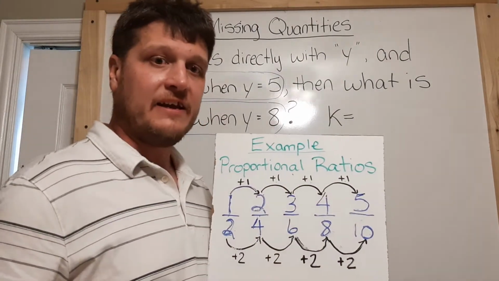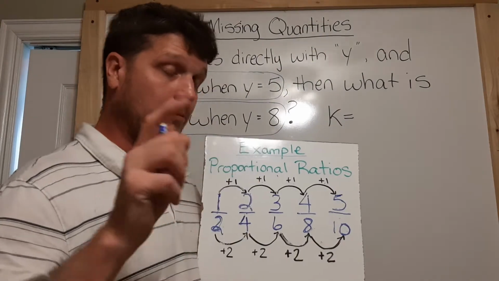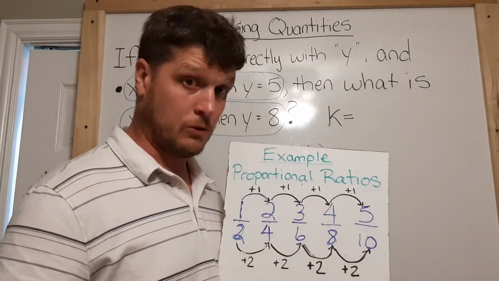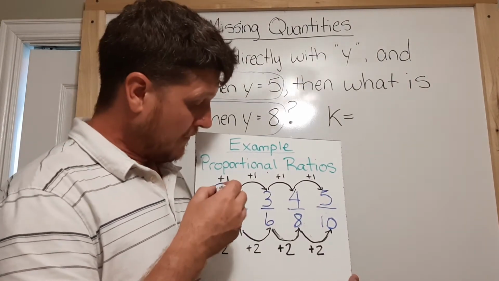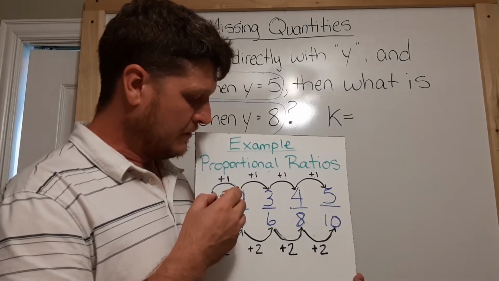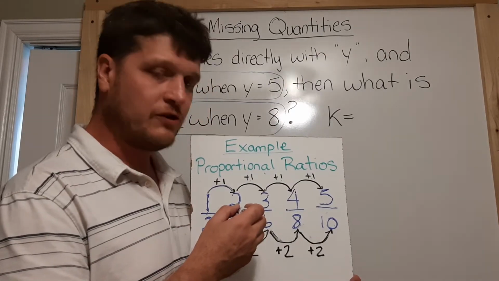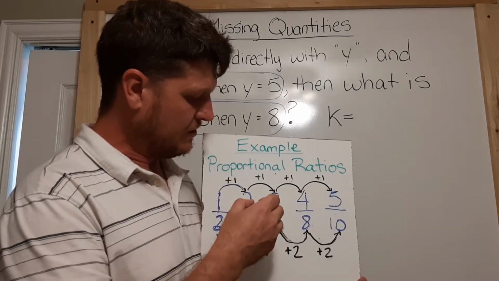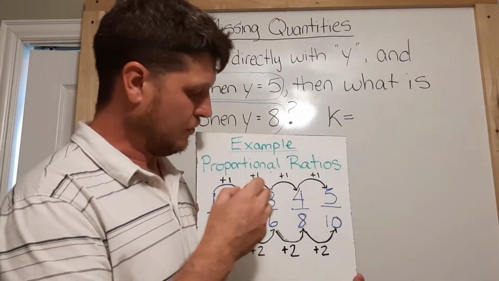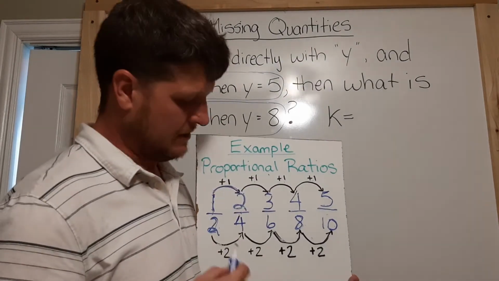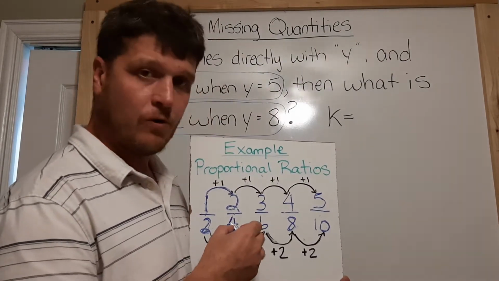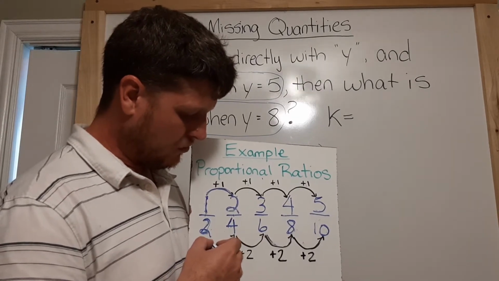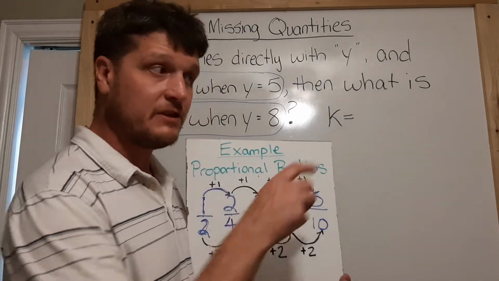Now, if we look at proportional ratios, proportional means the same or equal. If I go from 1/2 to an equal quantity of 2/4, the change from 1 to 2 at the top is a change of 1. On the bottom, from 2 to 4, you go 2 steps to the right.